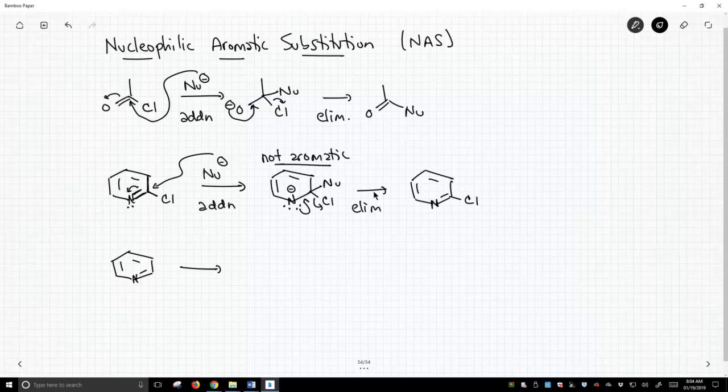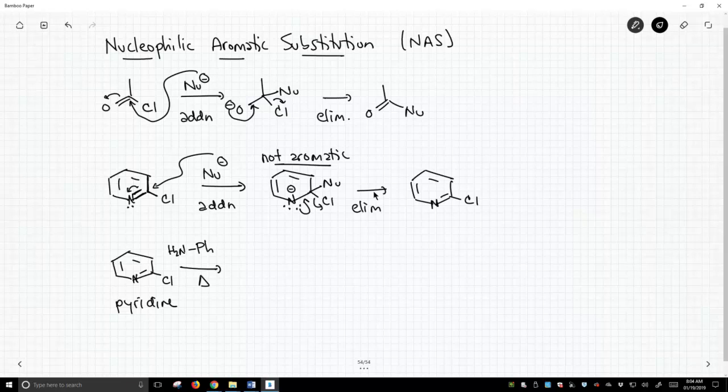You'd see these, first of all, very often with pyridines, and especially chloropyridines. And then maybe you'll cook this up with an amine. Amines are particularly good nucleophiles for this.